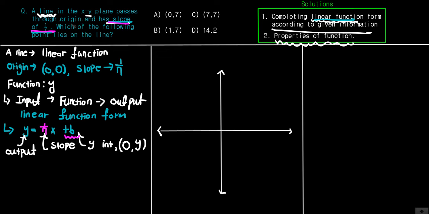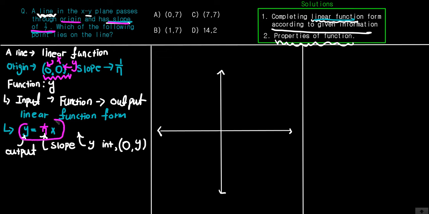We need to read the question carefully: it passes through the origin, which means it passes through (0, 0). It is a case where the x value is equal to 0, so the y value is going to be the b value, but it is just 0. So we'll just simplify it: y is equal to 1/7x plus 0, or we can write nothing. So this is a complete form of it.